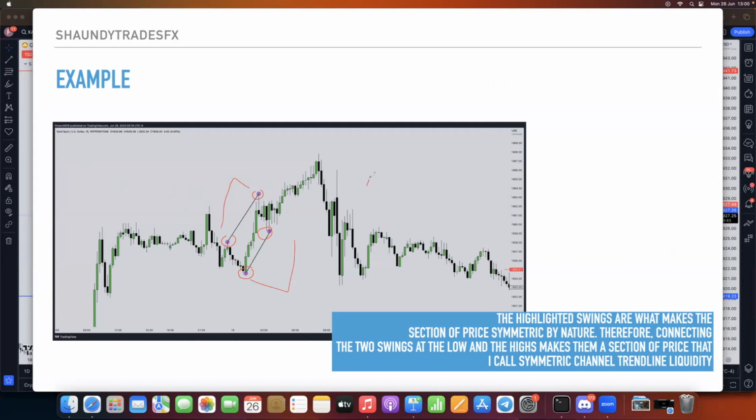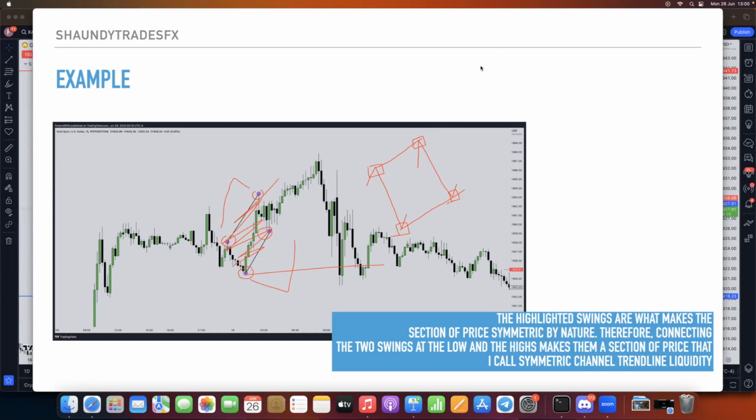If you have a high and a low, then the next high and the next low must be connected. The high that formed over there must connect with the low that was formed. That's how you connect it. That is a symmetric channel trendline liquidity, and price is going to view that as efficient price action and trade through it for liquidity purposes.